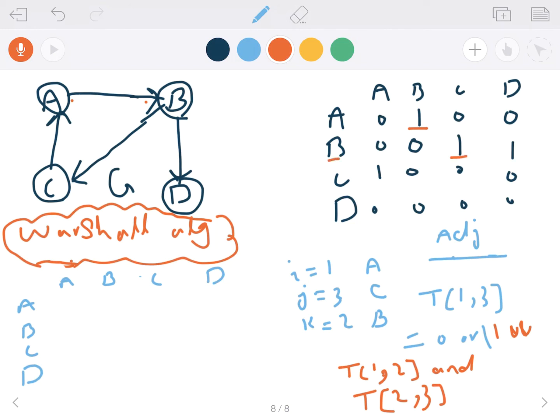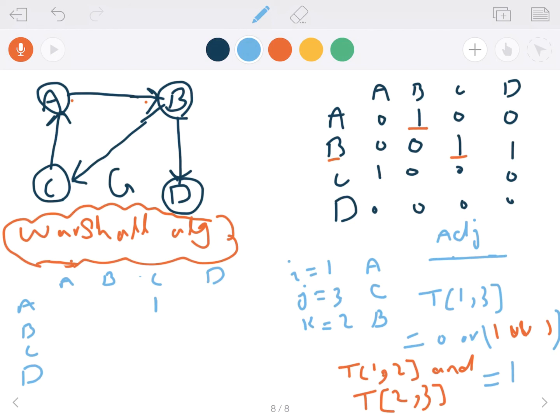So it's 1 and 1. So the value for T of 1 and 3 is going to be 0, or 1 and 1, so together it is going to be equal to 1. So here for A and C, I'm going to put 1, because there is a path from A to C using the node B.